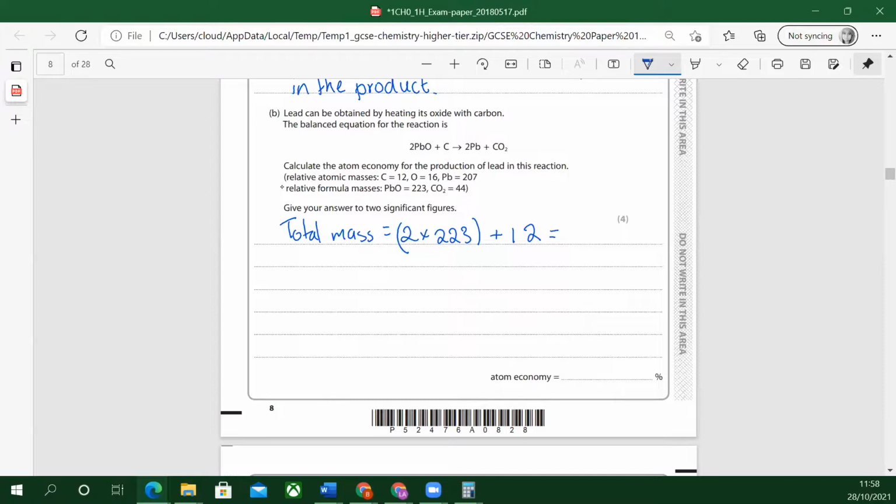Let's work that out. Always have a calculator because you always need it for all science exams. 2 times 223 equals 446, plus 12, 458. So that's the total mass of reactants.